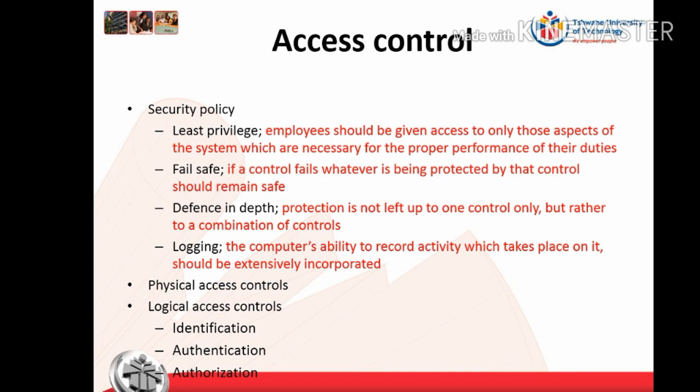If, let's say, your friend or yourself, you forgot the ITS password and you try to enter the system 3 times, normally what happens is that after the 3rd attempt, the system will log you out and will block you, and you will only be able to access the system the next day. That's what we mean by fail-safe. We are saying that even if the system has failed, the information that is protected by the system shall remain safe.